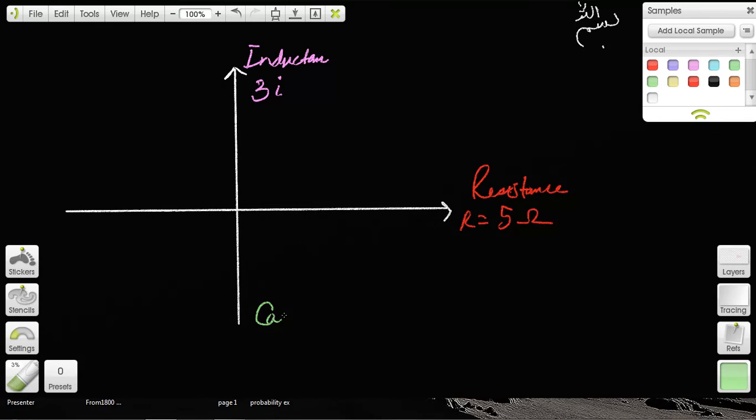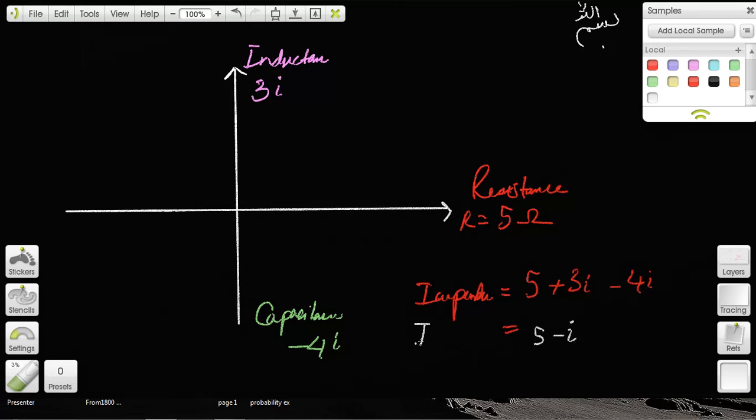And capacitance is drawn on the negative I-axis. So if something has a capacitance of 4 ohms, it will be labeled negative 4I. And the total impedance is a vector sum of these three. So it would be 5 plus 3I minus 4I, and that is 5 minus I. Total impedance, resistance to flow of current.